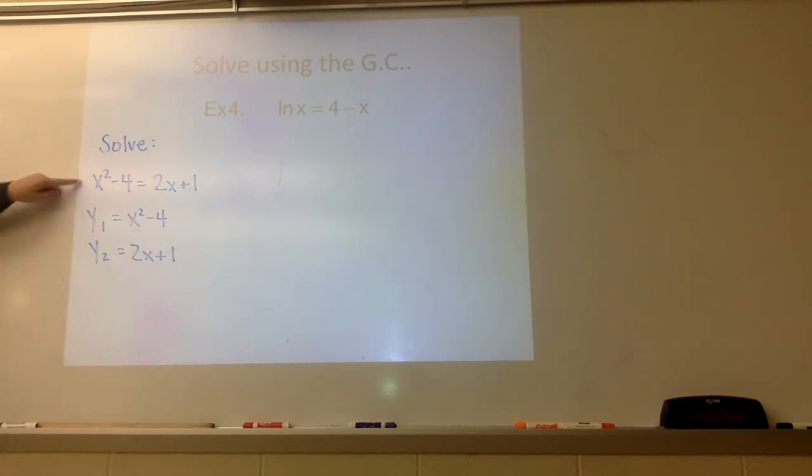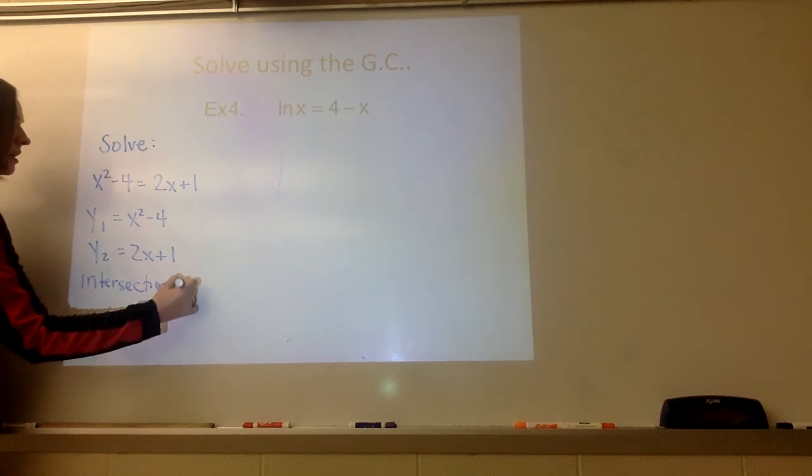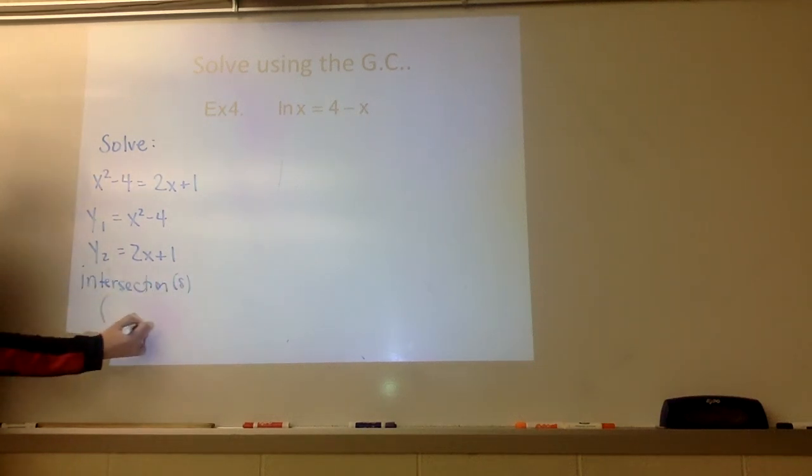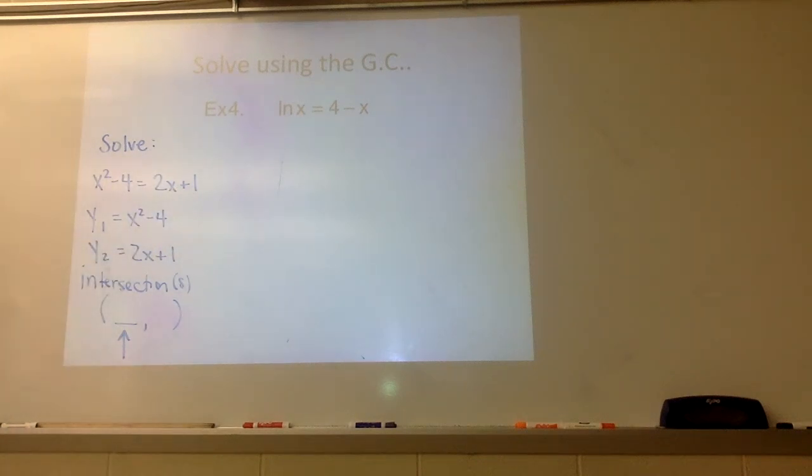What I wrote in blue? Here's an equation. Set y1 to the left, set y2 to the right, and solve. What would I be solving for in the calculator? I'm graphing y1, I'm graphing y2. Where would the solutions be? The intersections, correct? And whatever I get for the x values, because my equation only has x's in it, that's what I would be solving for. You need to know that.